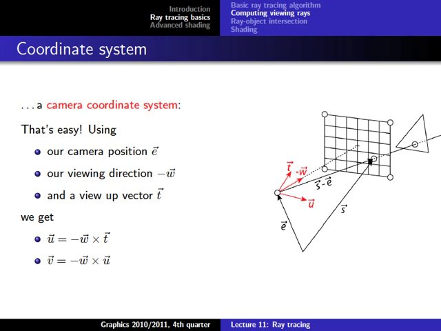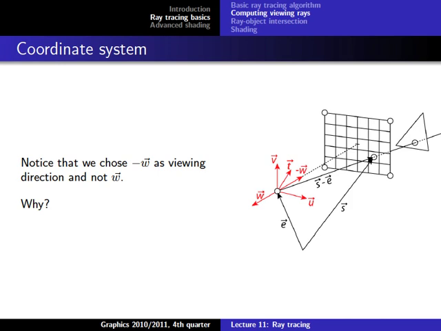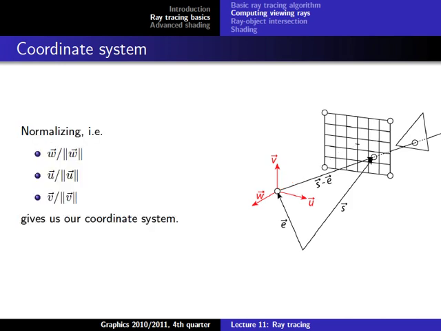And then we make the cross product between those two vectors and get a vector v pointing up, and then we have our coordinate system. Depending on in which order we multiply them, and on whether we choose to look in the minus w direction or the w direction, we have a right or left-handed coordinate system.